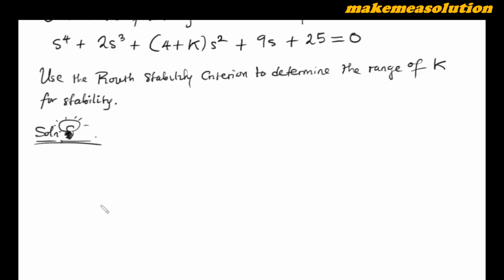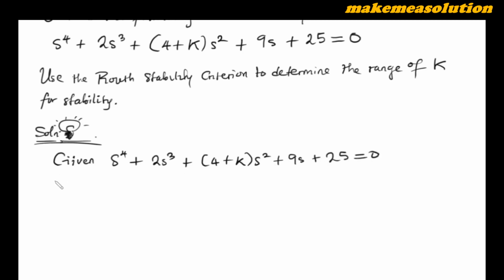So the first thing that we're going to do is, given s to the 4 plus 2s cubed plus (4 plus k)s squared plus 9s plus 25 equal to 0, we build our Routh array as follows.